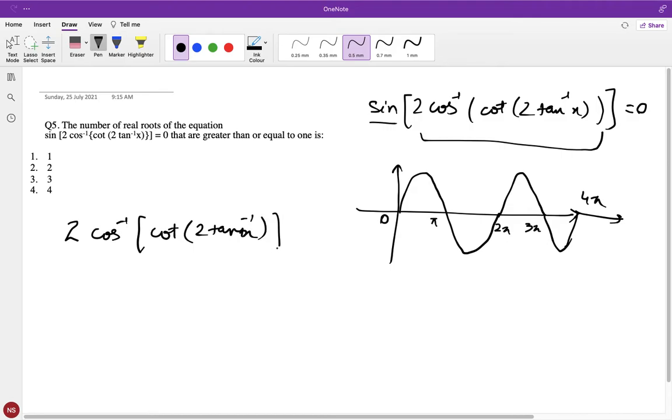Cosine inverse of cot of 2 tangent inverse of x is equal to 0, pi, 2 pi, 3 pi, 4 pi, or you can write it as n pi, where n belongs to Z. Now this is 2, let us divide this by 2 over here.